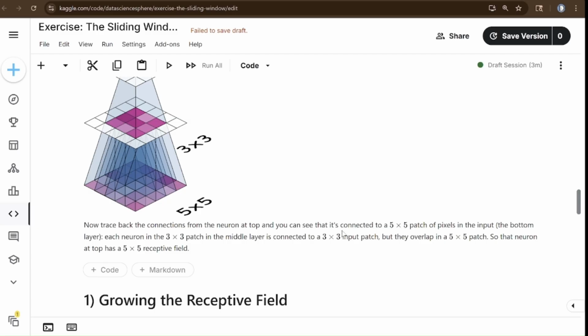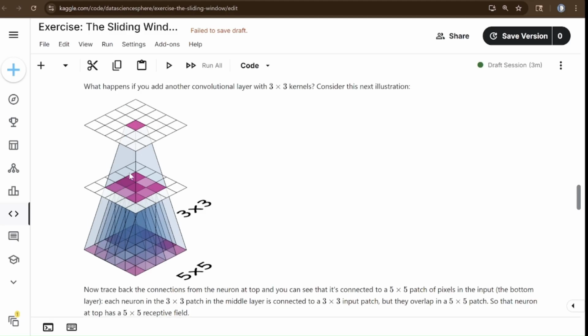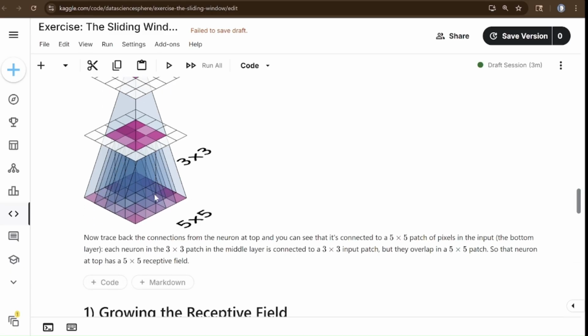You can see that it's connected to a 5 into 5 patch of pixels in the input, the bottom layer. Each neuron in the 3 into 3 patch in the middle layer is connected to a 3 into 3 input patch, but they overlap in 5 into 5. So ultimately in the second layer they can see a 5 into 5 patch of pixels.